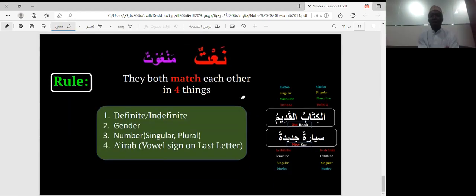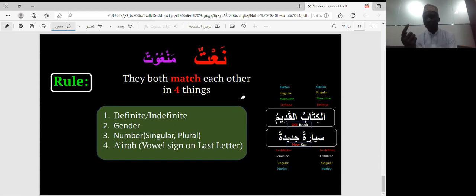We have told before that they both match each other in four things. Indefinite or definite, number one. In gender, number two. We also mention number, singular or plural. When man'ut is mufrad, singular, na'at must also be singular.